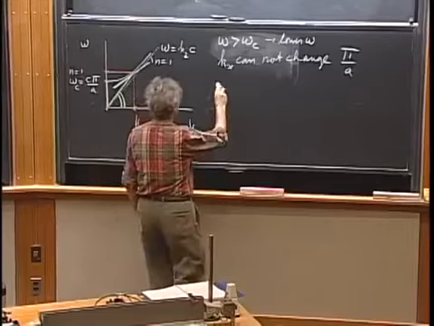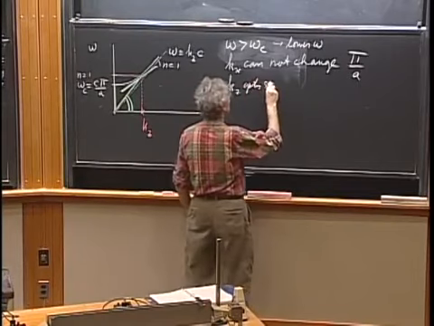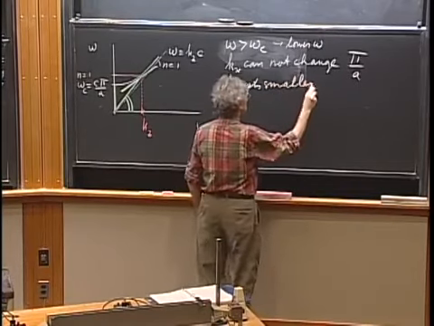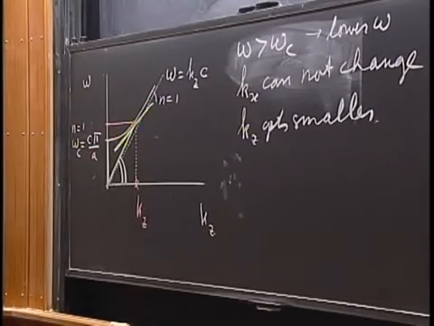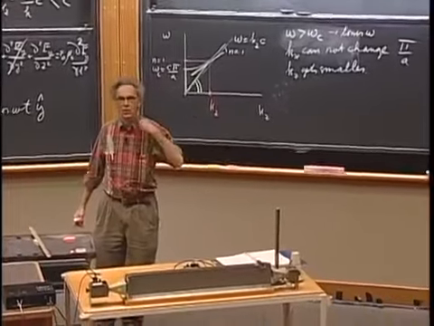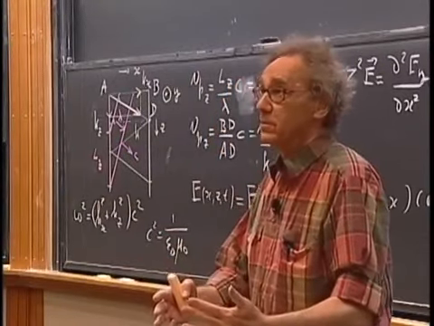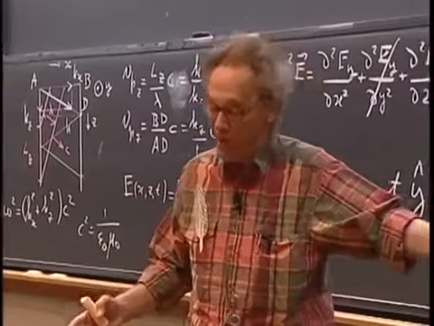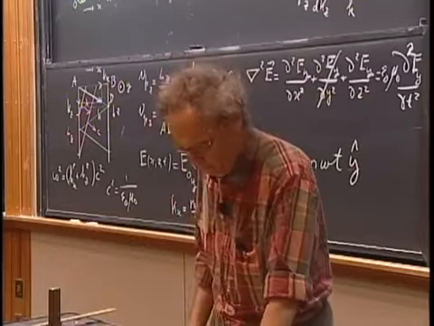Therefore, kz gets smaller. You're going down this line, and the kz gets smaller. Omega is always k times c. So clearly, if omega comes down, k must come down. And that means kz comes down in this case, because kx is not going to give up.